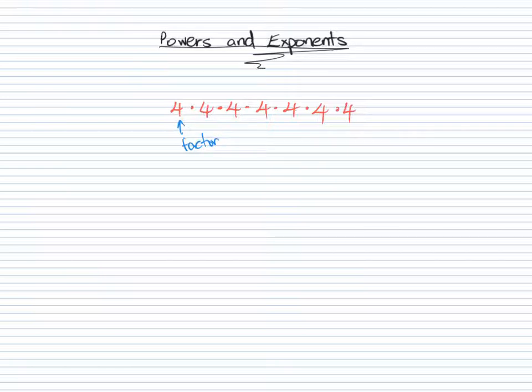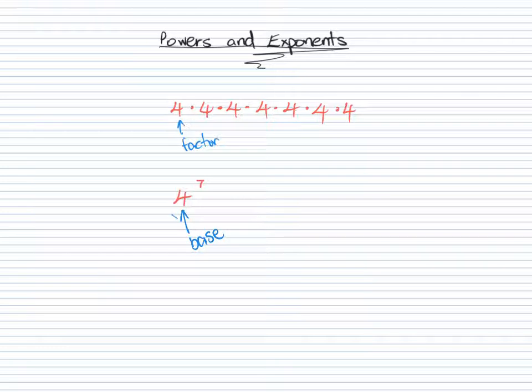So this can actually be written in this way: 4 to the power of 7, where that 4 is called the base. So that number that's being multiplied by itself, that factor that's being multiplied by itself multiple times, is called the base.